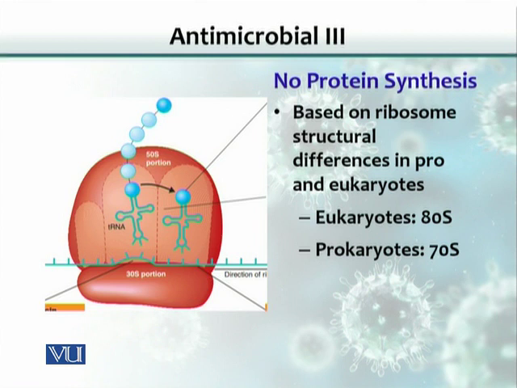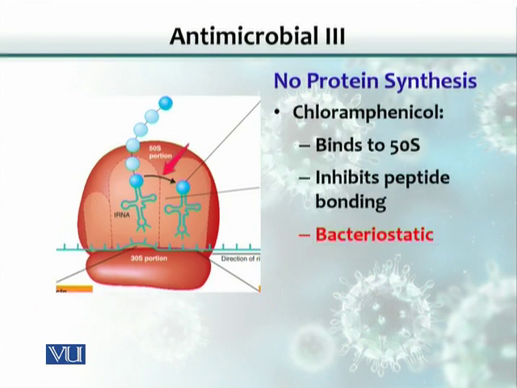As you can see here, the ribosome has two parts, the 30S and 50S portions. Various drugs bind to these ribosomes at different places or during different stages of protein synthesis, as we will see in the next few slides.